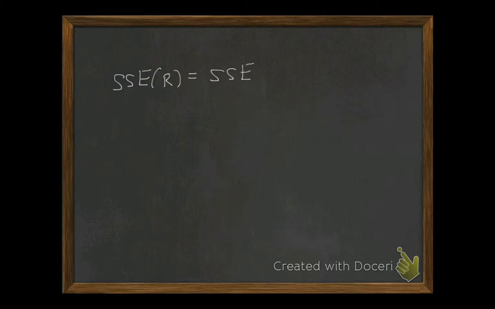So the sum of squares error for the reduced model is just the sum of squares for x1, for obvious reasons, because the reduced model only has x1 as a predictor. And guys, we should know that the degrees of freedom for the reduced model would just be n minus 2, because the only things that we're estimating in the model would be beta 0 and beta 1.